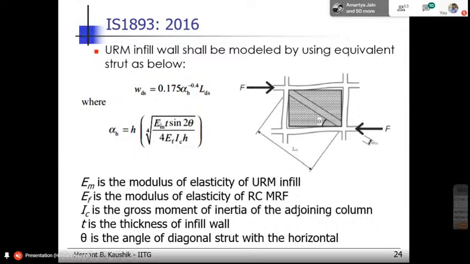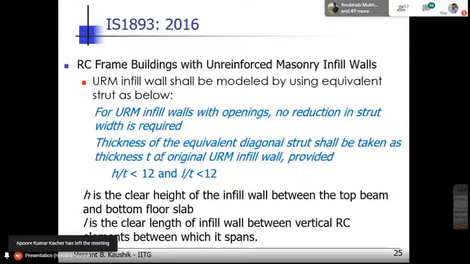So as I told you, it is a function of relative stiffness of the frame and the infill. This is slightly complicated, but we can find it out. And the code says that you model the infill wall using equivalent diagonal strut. If there is no opening, then of course the diagonal strut formula is that. But if there are openings, it says that you don't have to worry about the reduction.